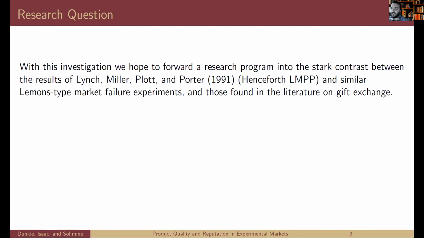So with this investigation, how we started out with this was we were on a mission to forward a research program into the differences that we see between the results of Lynch-Miller-Plott and Porter 1991, which is a classic lemons market type experiment, and those found in the literature on gift exchange, which could be argued is a very similar environment in which we get very different results.